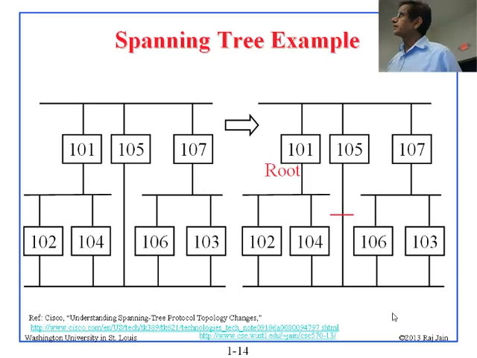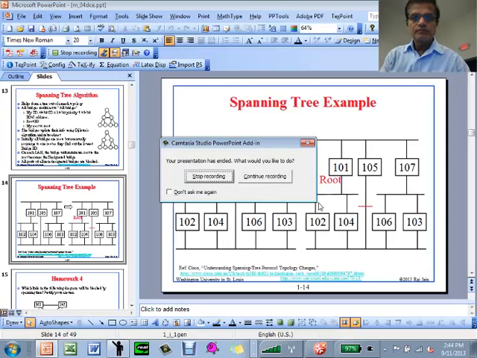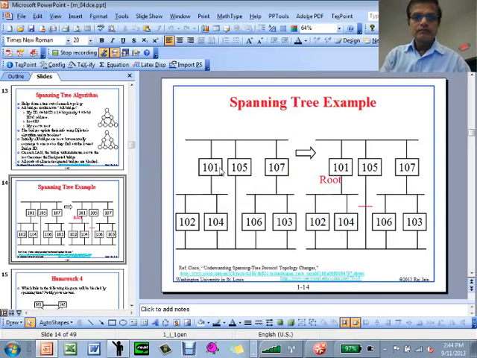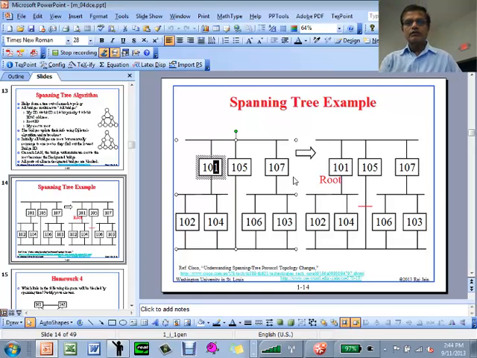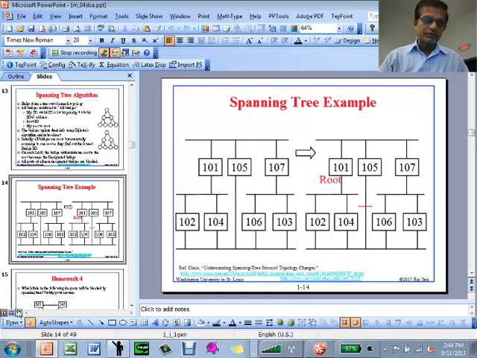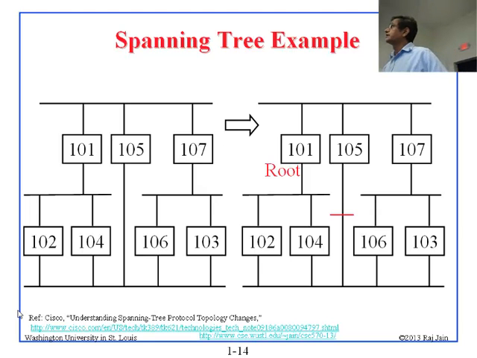In this network, what would be the root selected? I'm sorry, I was on two networks here. This is the network from the beginning, so 101 will become the root. This shows again that 101 is the root.